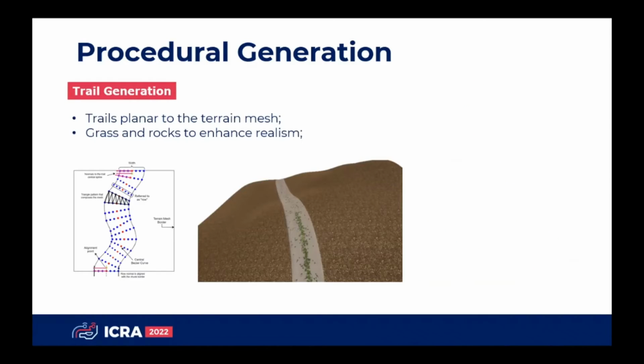Then we thought, okay, in order for this kind of thing to be realistic, from time to time in a forest we have paths, we have trails, so we need to simulate them. So we needed to come up with some algorithms to automatically place those trails on the terrain we have.